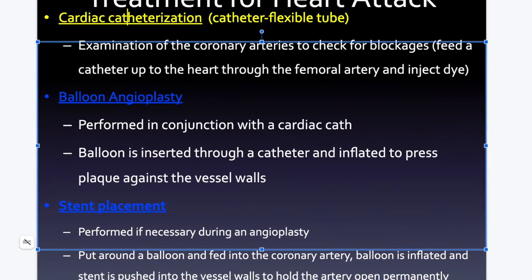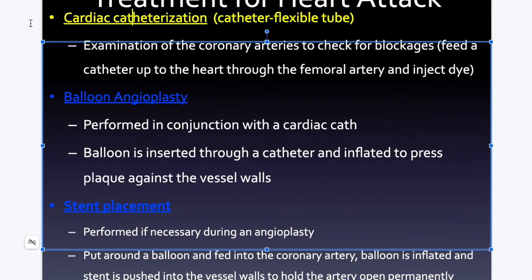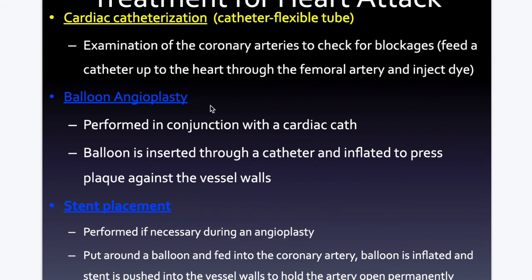Okay. So that cardiac catheterization is a procedure that involves the balloon angioplasty and the stent placement. So what we just saw happen is all of this here. The balloon angioplasty they would do with the cardiac cath.